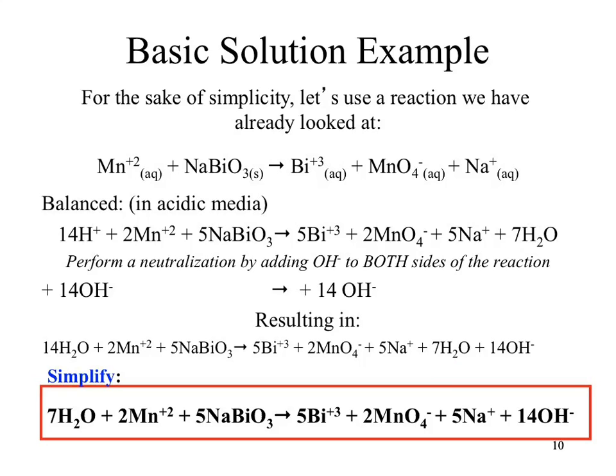So the ways that we could tweak the previous problems that we looked at would be, okay, how many water molecules are required to balance this reaction in basic solution? Okay? We'd end up with, it's still 7, but now our 7 molecules of water are on the reactant side as opposed to the product side.